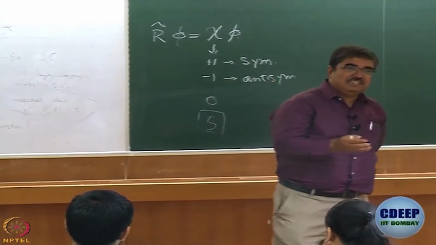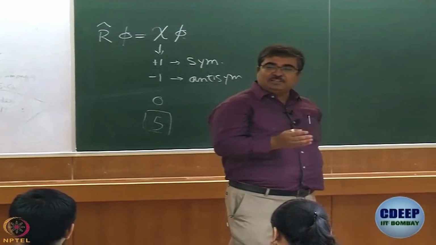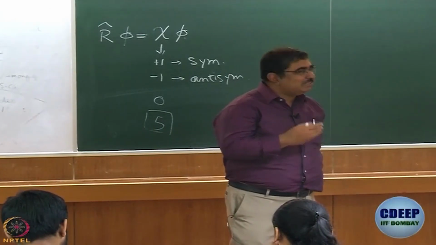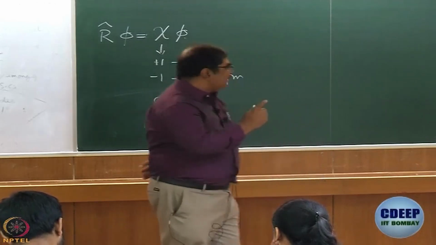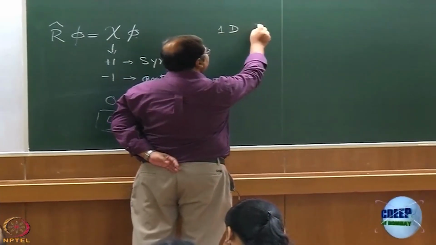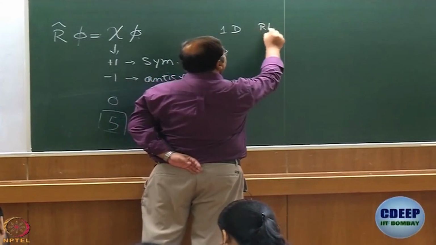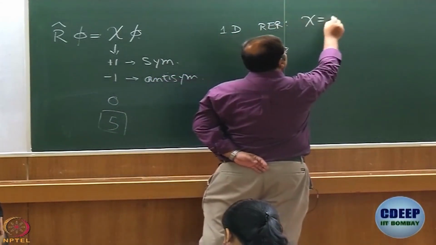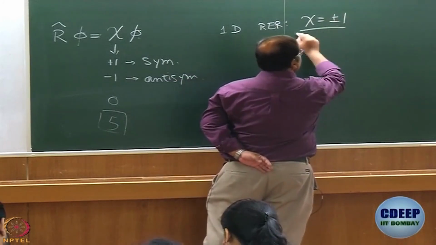It is called distortion, right? So, a symmetry operation cannot lead to distortion. So, the point we are trying to make is that for one dimensional representations, chi has to be ±1 and nothing else.